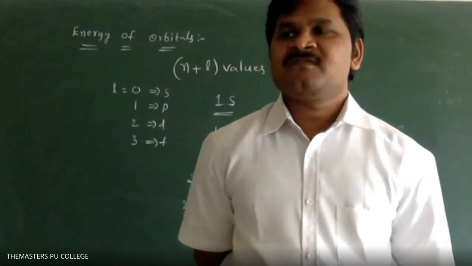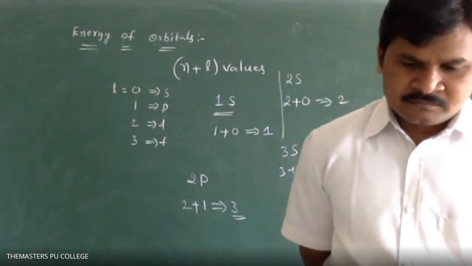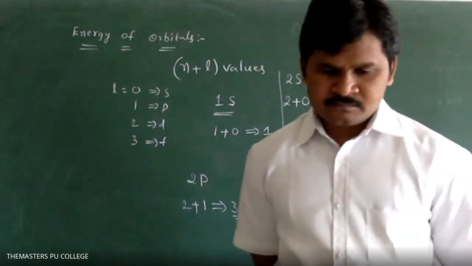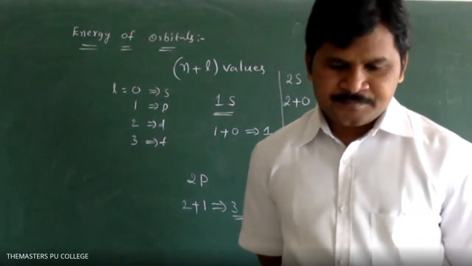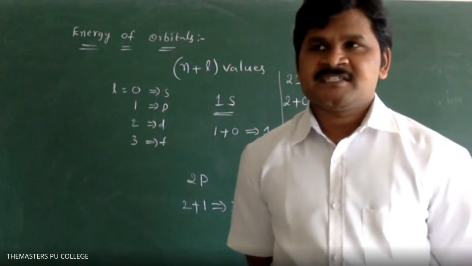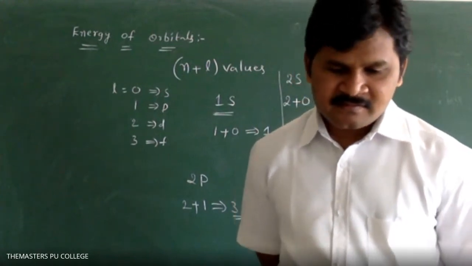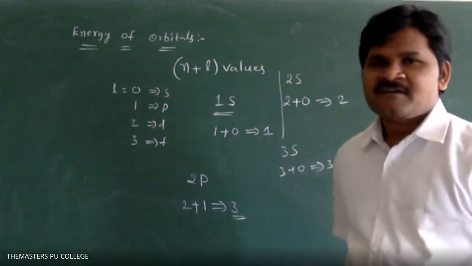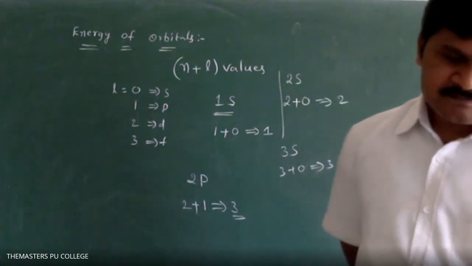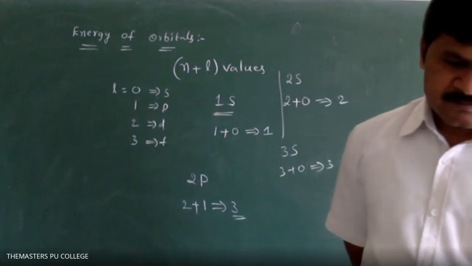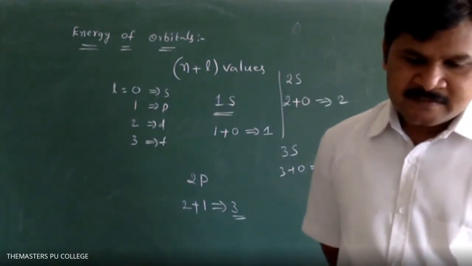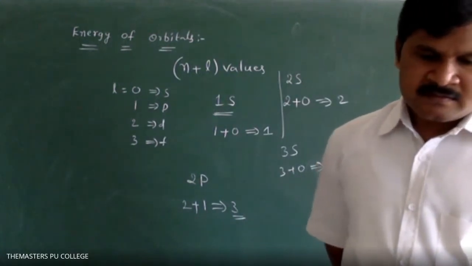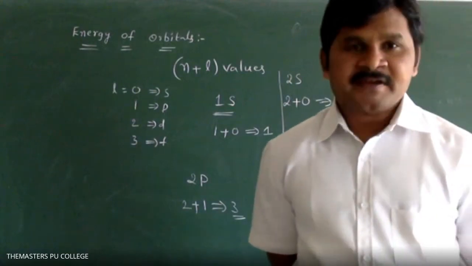The energy of an electron in a hydrogen atom is determined by the principal quantum number.